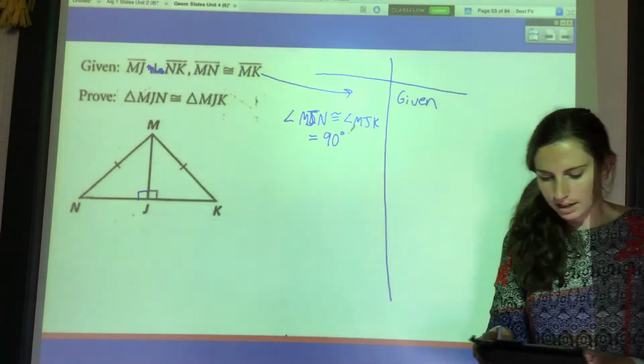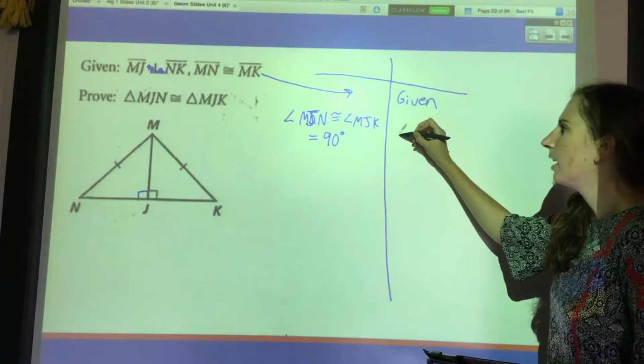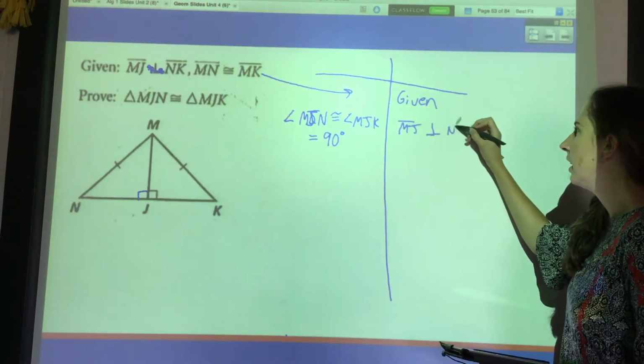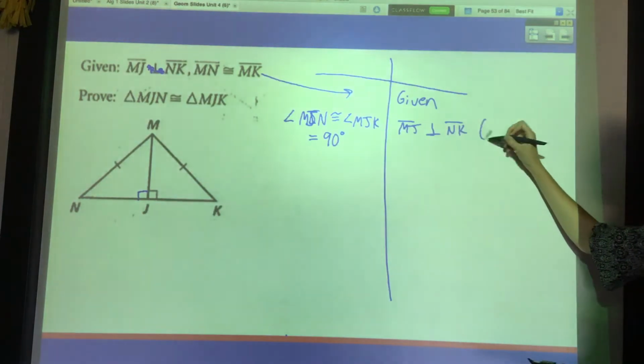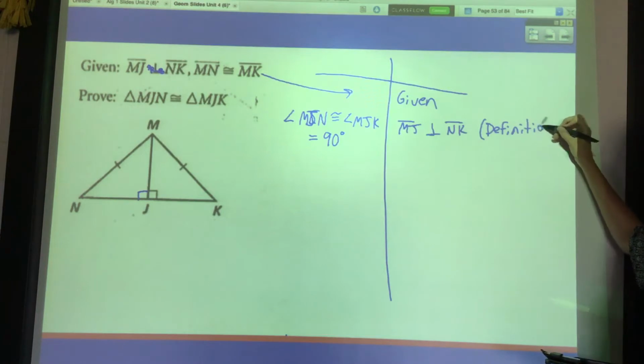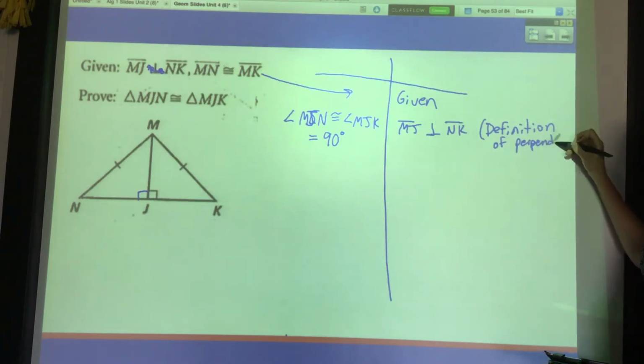And that's because they're literally right angles. That was because MJ is perpendicular to NK. Or you could say that's the definition of being perpendicular.